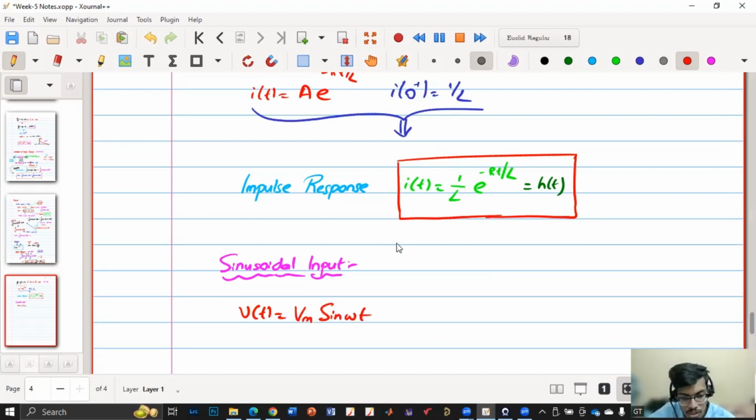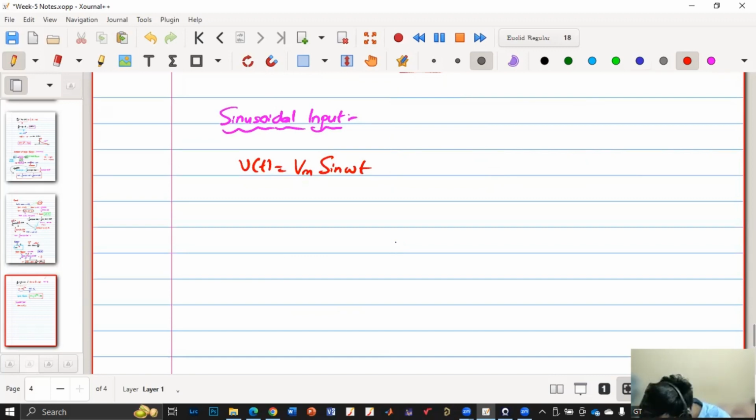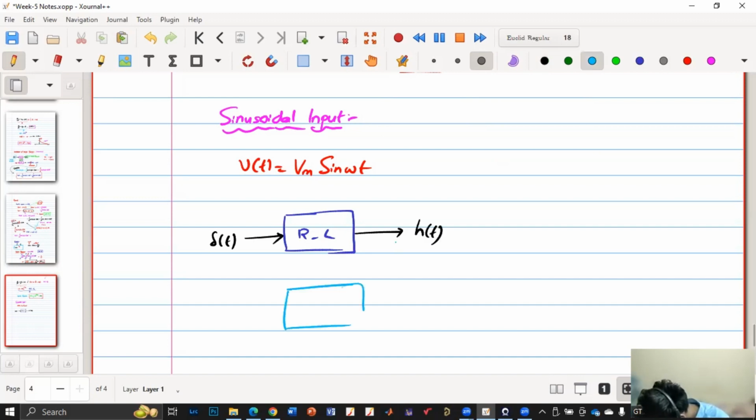Now, just to rewrite it properly, my system is an RL circuit. Initially I excited it with delta of t, V of t, and my output is h of t. Now for the same RL system, I am exciting it with V of t, or Vm sine omega t.